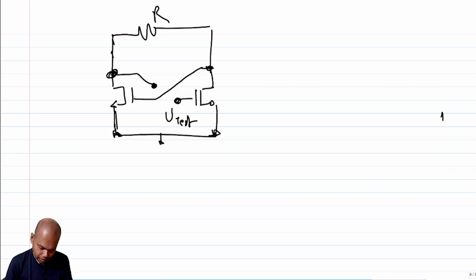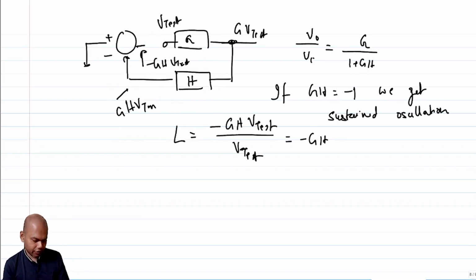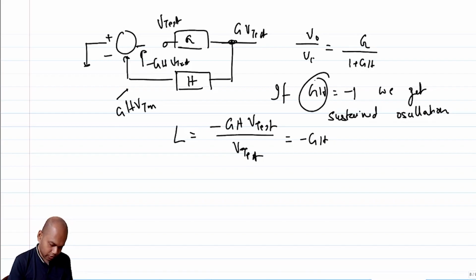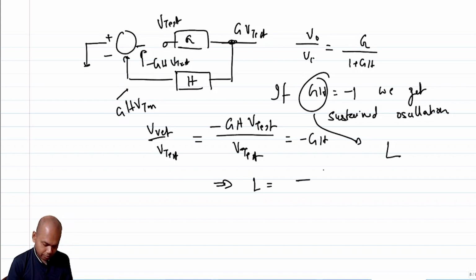So before I proceed here, let me go back and correct one of the definitions. So the loop gain is GH, right? The definition of loop gain is GH. So this is loop gain. This is L. So V return over V test is minus GH, so your loop gain is essentially minus V return over V test.